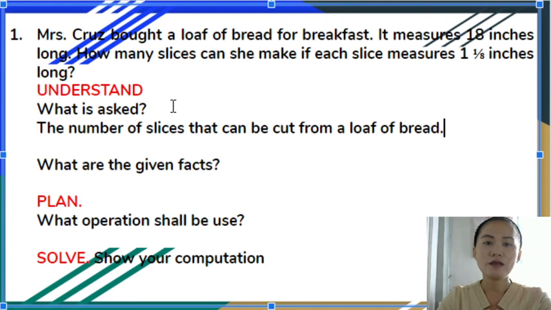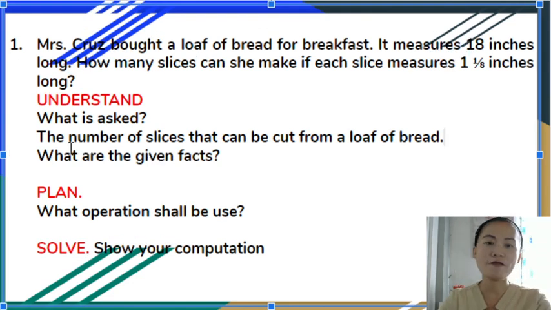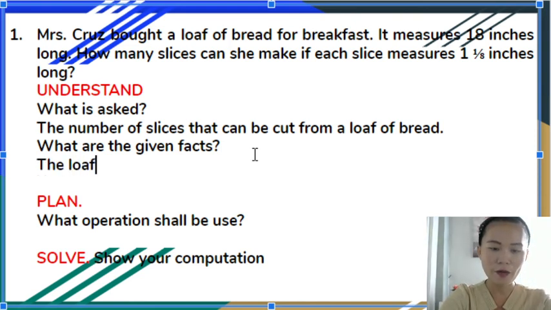And then what are the given facts? So that's the next question. Ano-ano ba yung mga given facts? Let's see. So we have 18 inches long, pwede din naman, or if we want the complete sentence, the loaf of bread is 18 inches long.